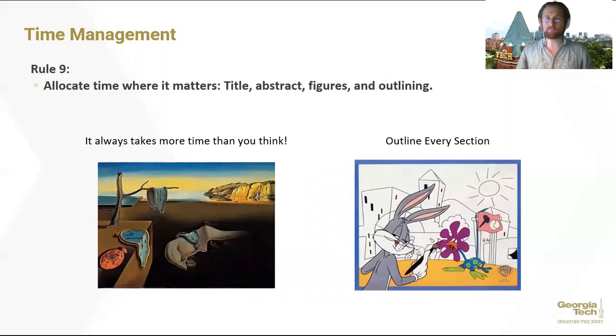In terms of where you spend your time, you would always want to spend time on the title, abstract, figures, and outline. With this course, we suggest starting with an outline, as the title and abstract will not necessarily play a huge role, if any, in the final grade. We're looking for your figures, your outline, how you structure the paper, with a very comprehensive discussion.